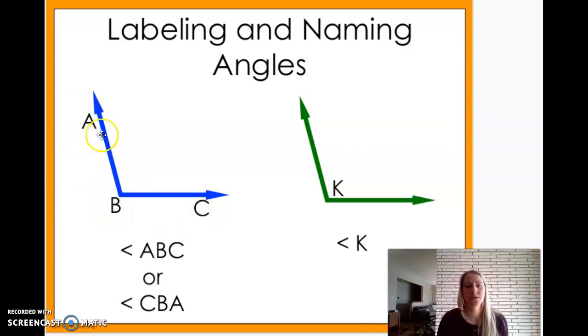And so you use those letters to create your angle name. The vertex always goes in the middle. So this could be angle ABC, with B, the vertex being in the middle, or you can go the other way. You can also label this CBA, angle CBA. Either way works.